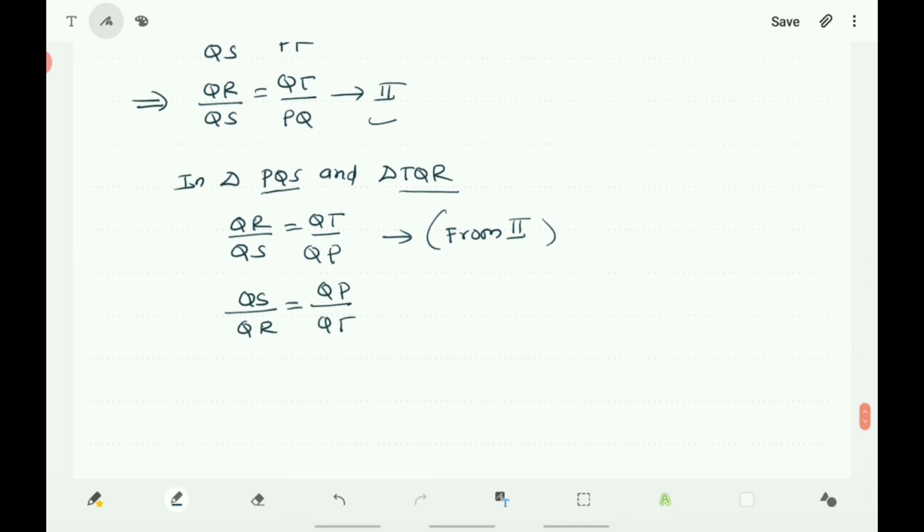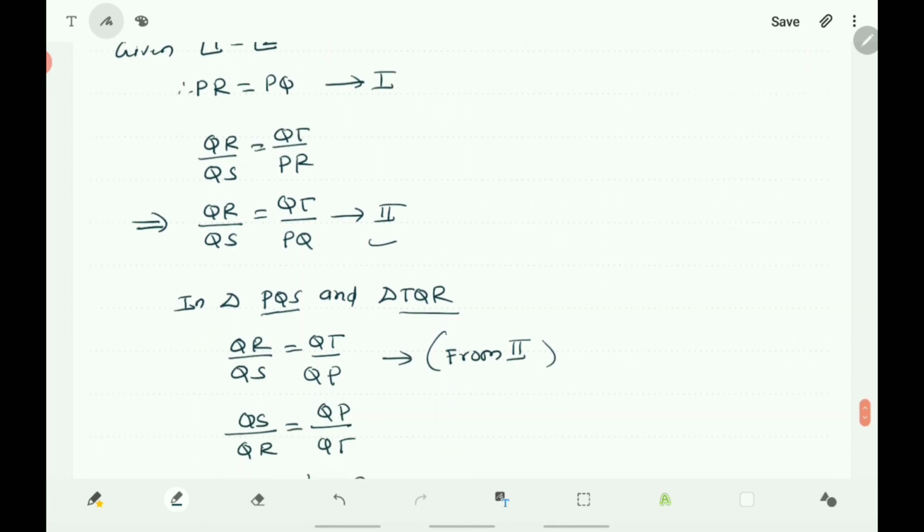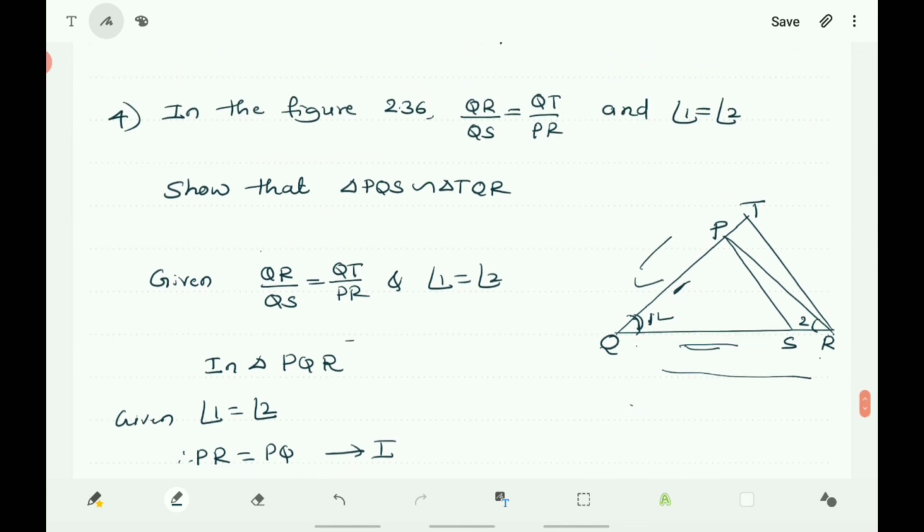Angle PQS is equal to angle TQR, as both are angle 1, made by the sides PQ and QS, and also by TQ and RQ.